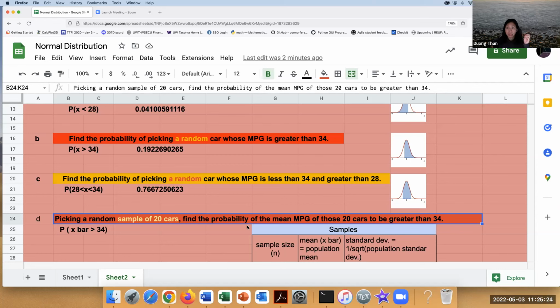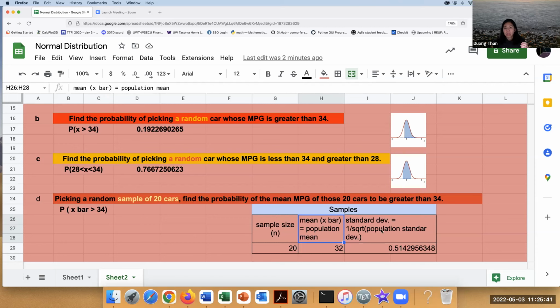Using the law of large numbers, we figured out that the mean of the sample means is about the mean of the population. And the standard deviation of the sample mean is about the standard deviation of the population divided by the square root of the sample size.